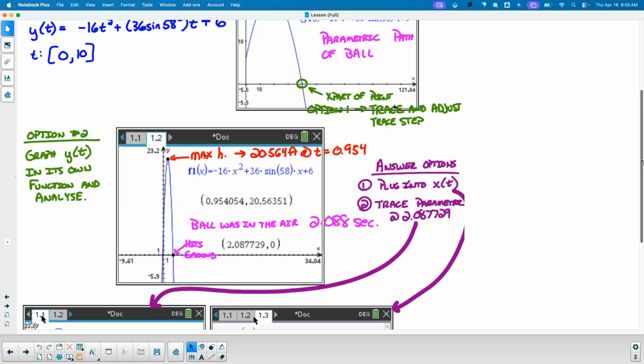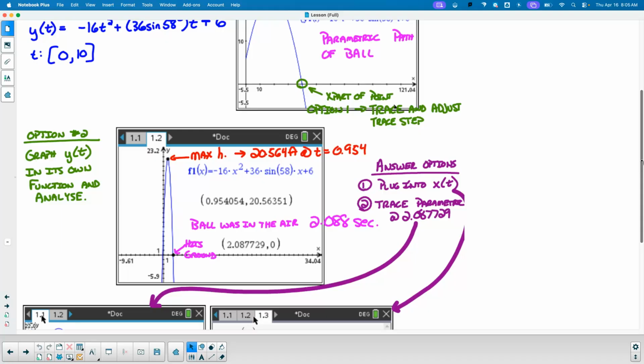We can find the zero, we can find the maximum height, we can do all of that there. Then sub option one of option two is that we can take that answer and plug it into x of t and find that answer. Sub option two of option two is we can take that answer and go right to that trace on our original graph.